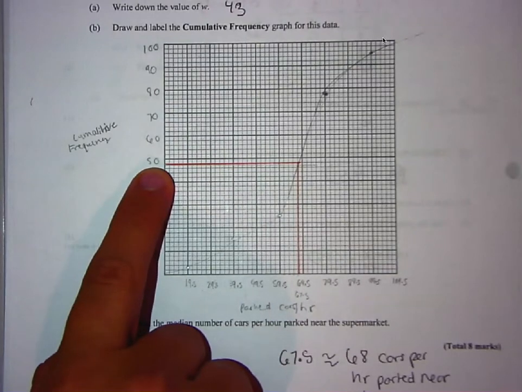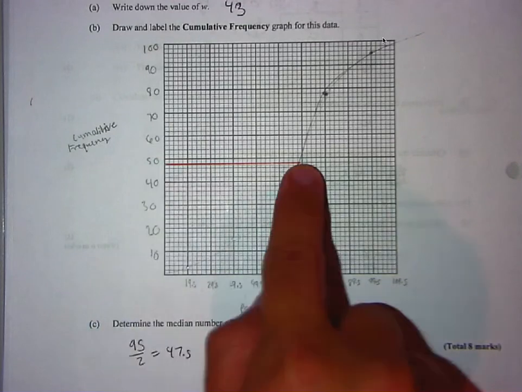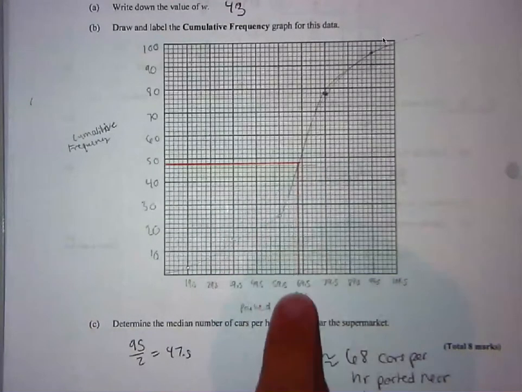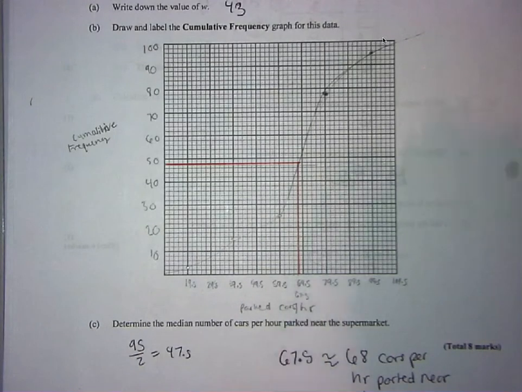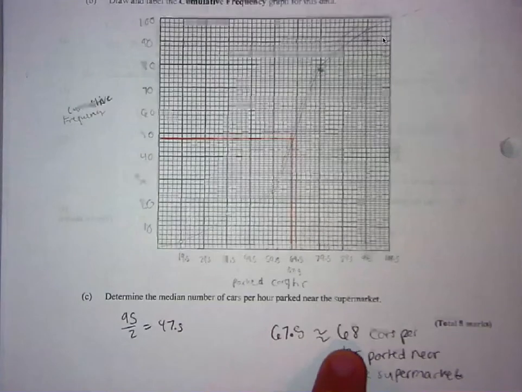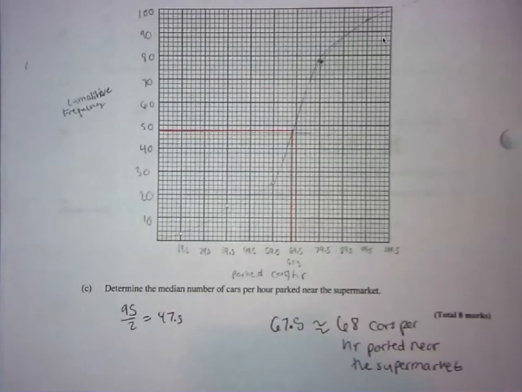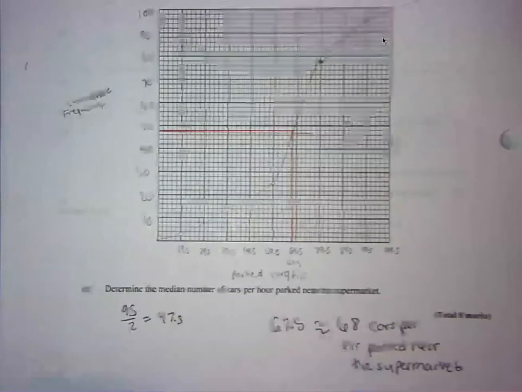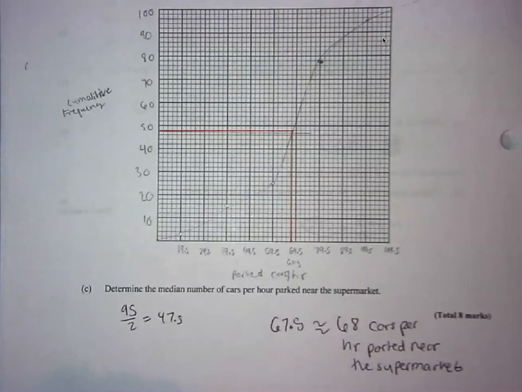And in this case, that works out nicely because 100 is exactly half. And it goes straight across, over and down to about almost 70, so like 67 and a half or 67, which this person correctly, you can have 67 and a half cars, so 68 cars parked per hour, and I believe the mark scheme will give you a plus or minus on that as well.